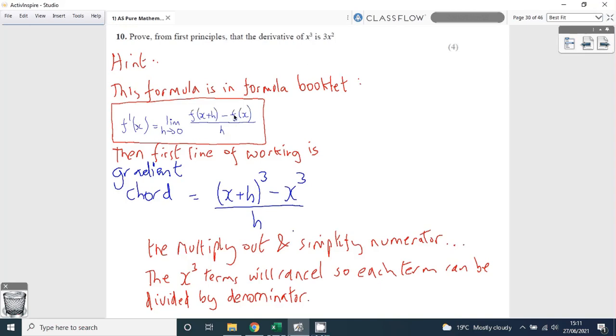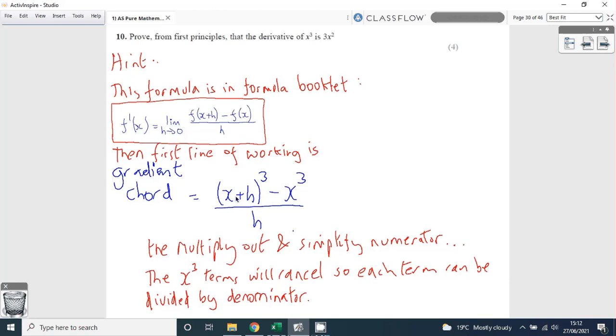So this f of x is our x cubed here, and this bit here is our x plus h all cubed. So be very careful that you're comfortable with that term there. Your function is your x plus, whatever the function is, plus h inside the function. So it's x plus h all cubed, not x cubed plus h cubed or something.